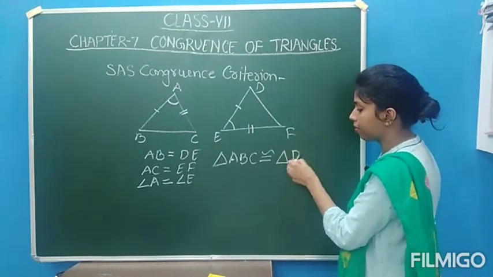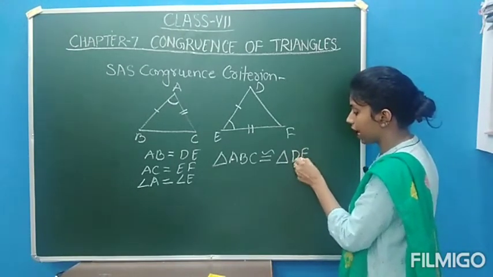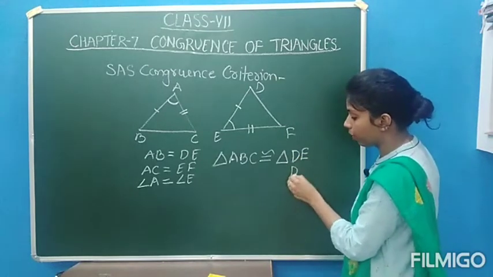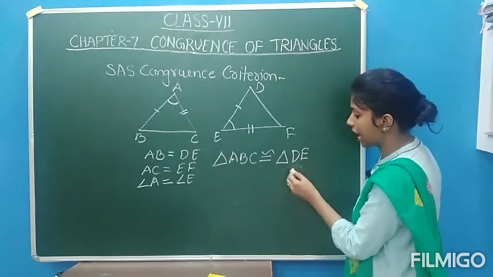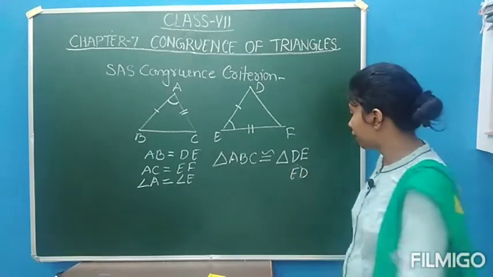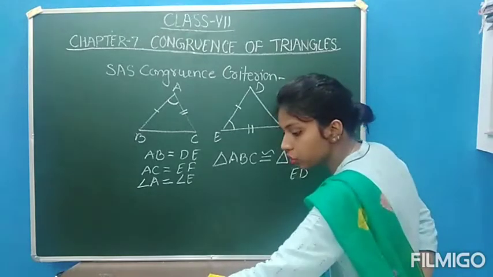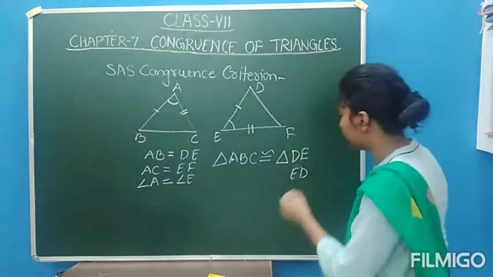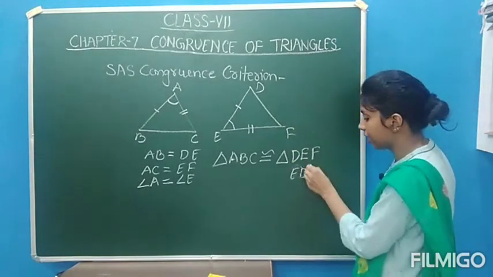DE can be written in two ways, DE and ED. After that we have F, so of course we write F after that.